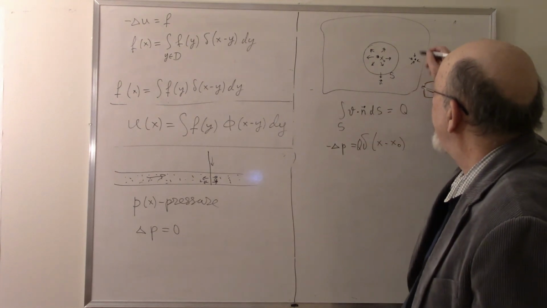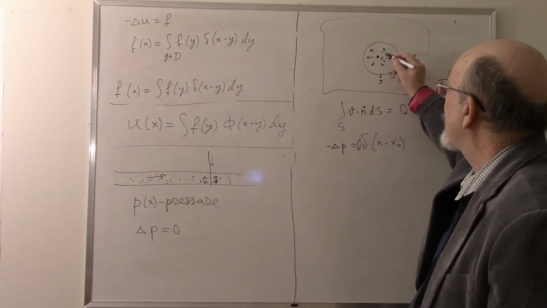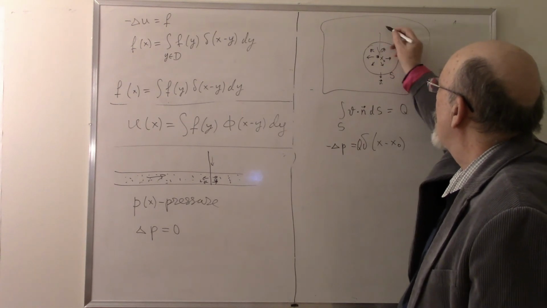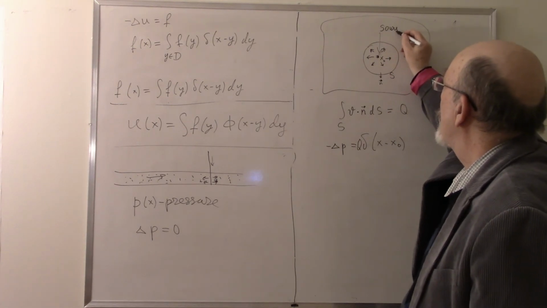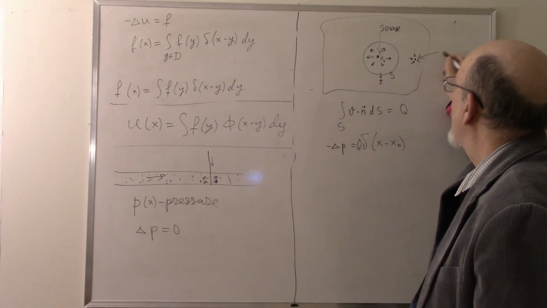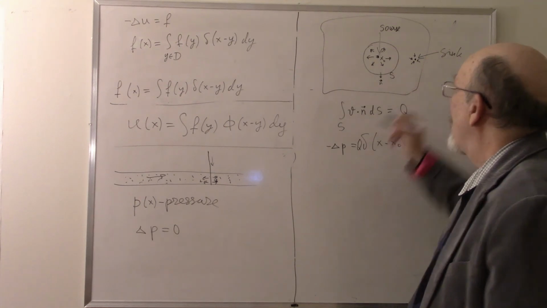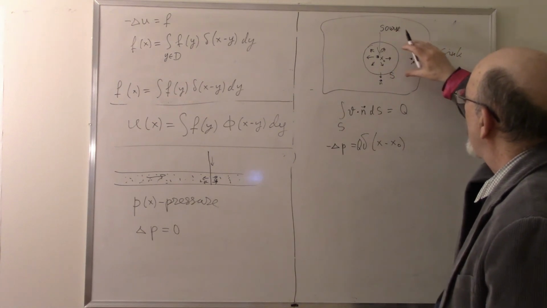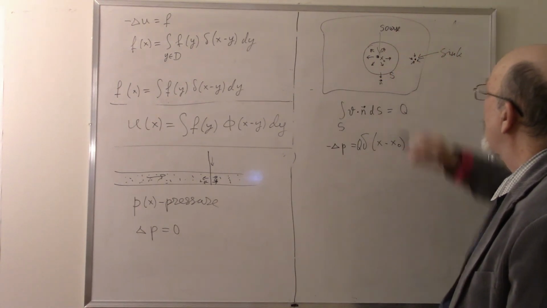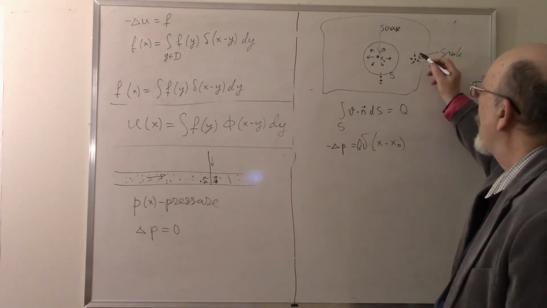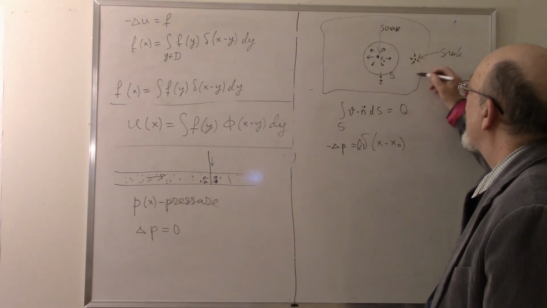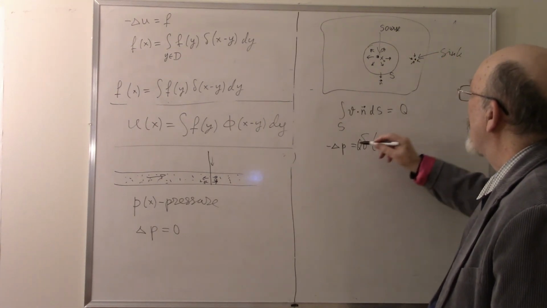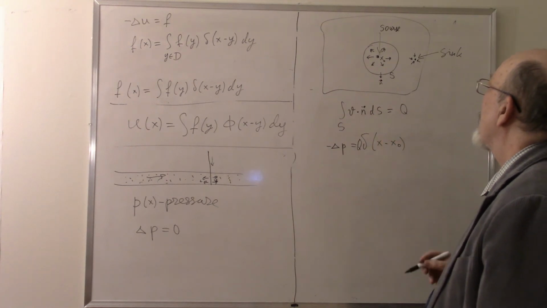So we have this source. If you have a different one, this is called a source, and this is called a sink. If you have this sink, then you have a fluid moving to this point. The pressure behaves like a solution of this equation with Q negative.